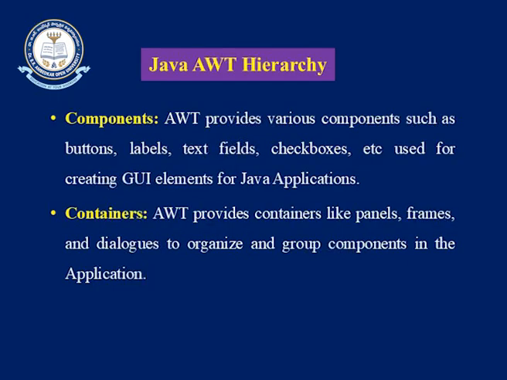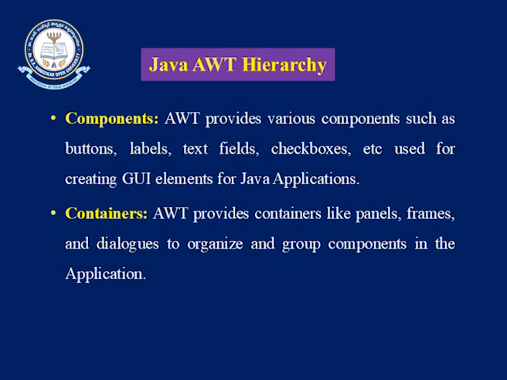AWT provides various components. What are those components? Such as buttons, labels, text fields, checkboxes, radio boxes. Like this there are many components to create GUI applications using Java programming.